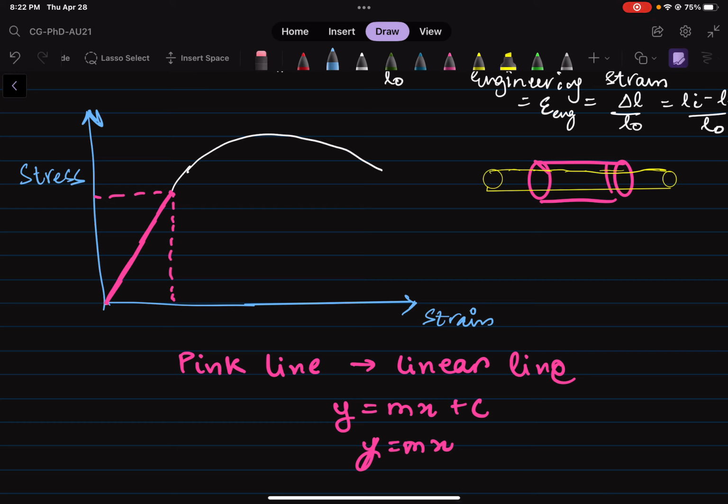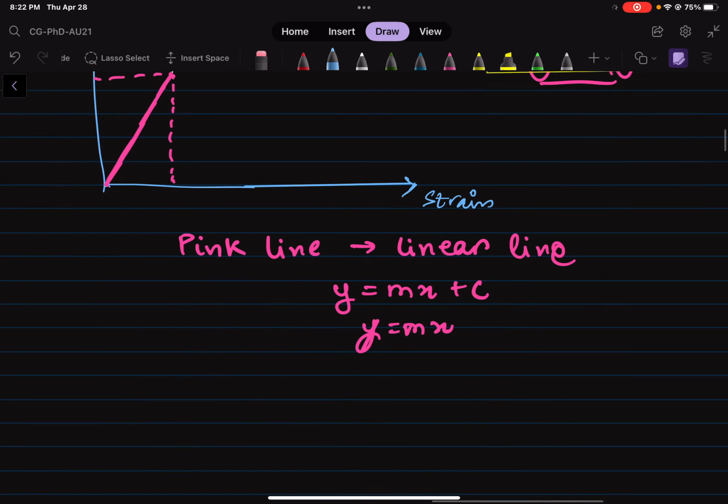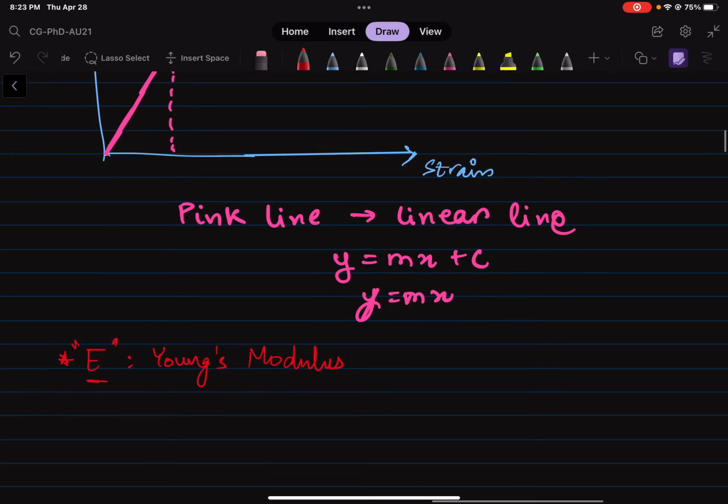And that's what we're trying to draw here, and this is what the linear line is. And the first property that I wrote at the top, if you guys remember, is the capital E, which is also referred to as the Young's modulus. Now that capital E is given as sigma over epsilon, or stress divided by strain.